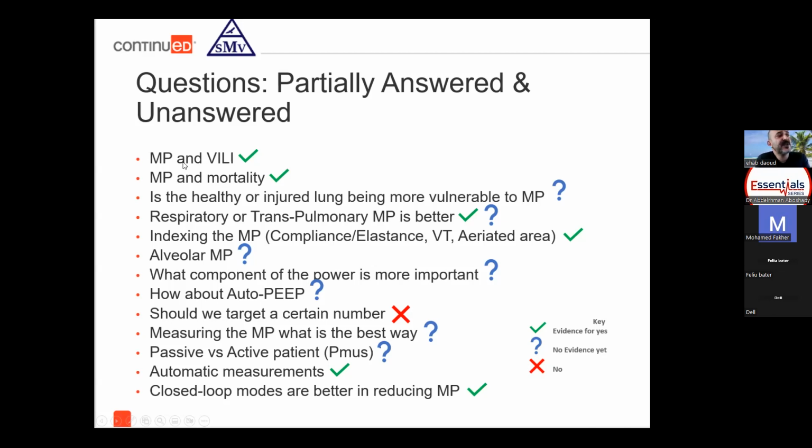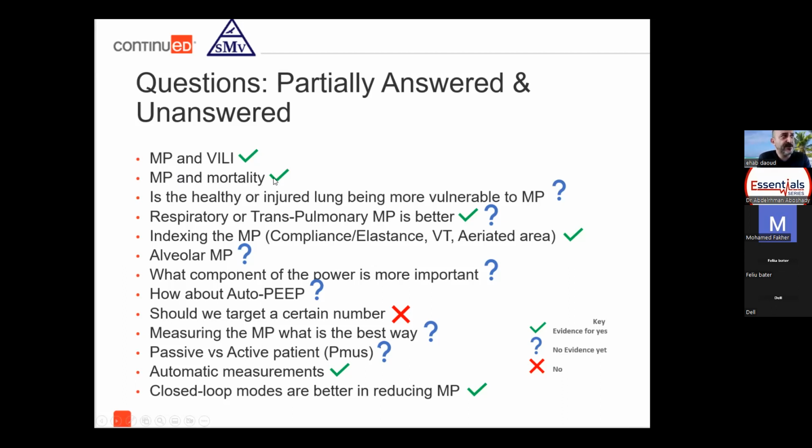Is mechanical power related to ventilator-induced lung injury? I think based on the evidence and research, there is good enough research to say yes, the higher the mechanical power, the more it is correlated to ventilator-induced lung injury. Same: is mechanical power related to mortality?